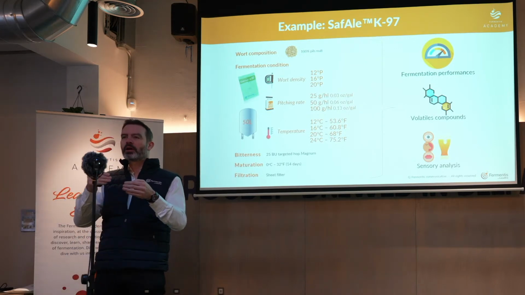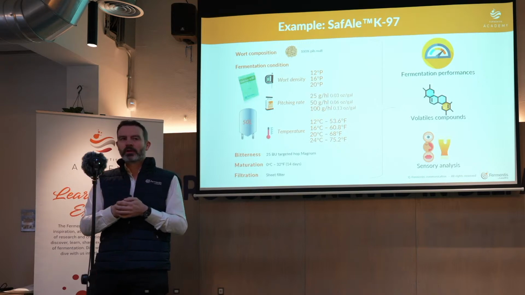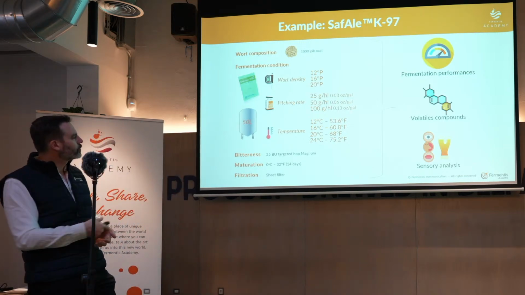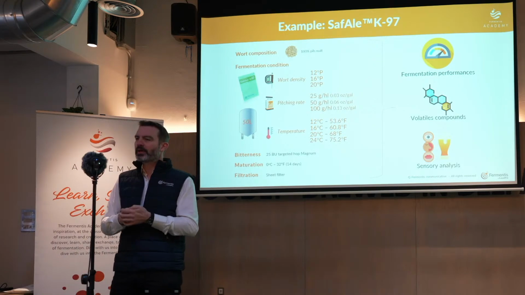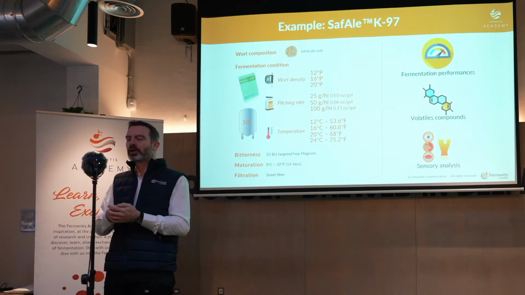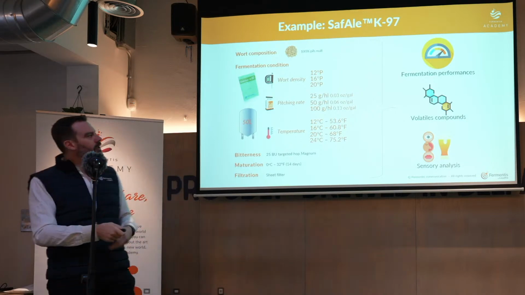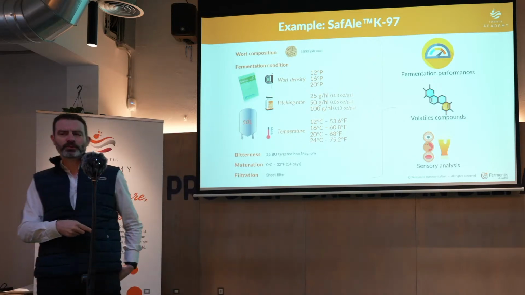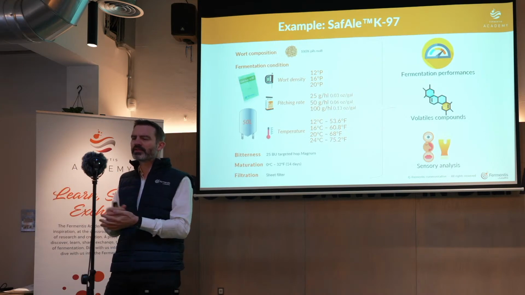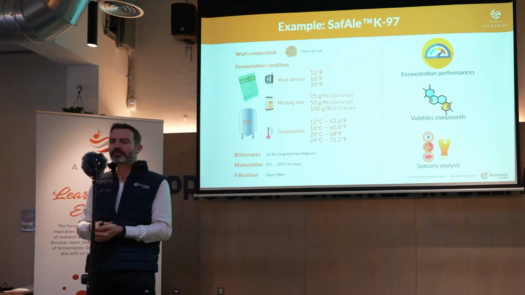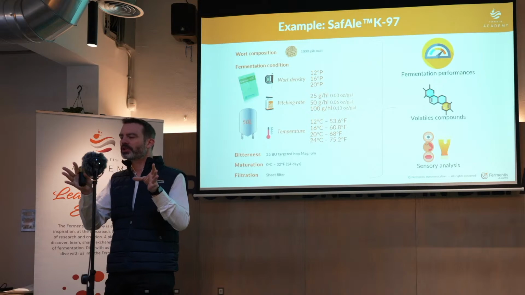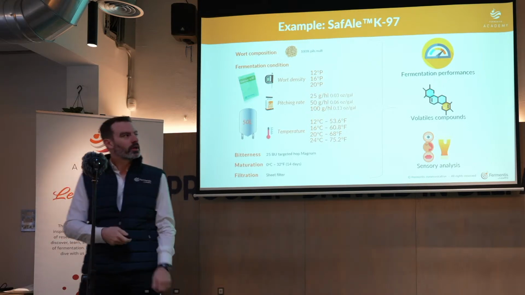We make differences in the temperature. So we go from 12 to 24 degrees Celsius, and also we will change the pitch rate. Out of that, I think it's more than 36 possibilities. We're going to select normally 17, which is called design of experiment. So we go a little bit in each direction, and then we'll use the results.